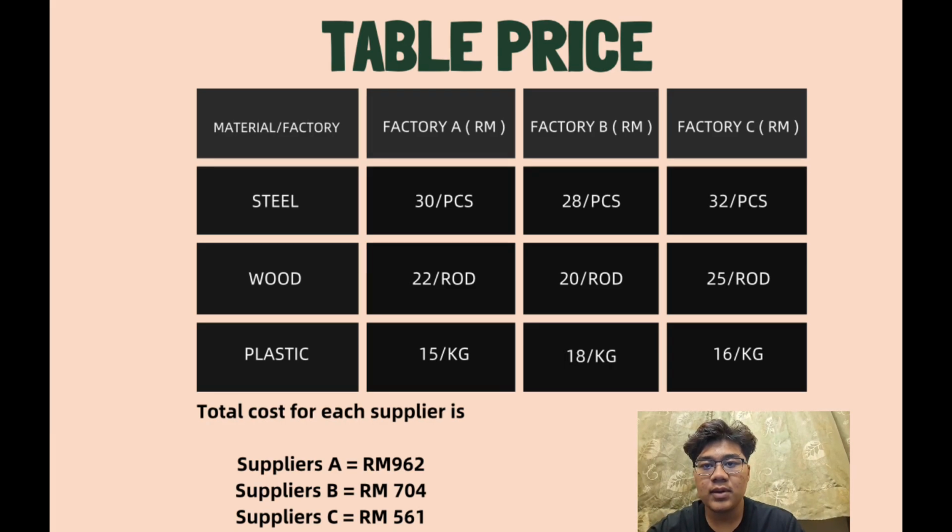And the last supplier is supplier C. We got RM 561. Each supplier offers three types of materials: steel, wood, and plastic, at different prices. Our job was to figure out the exact cost per unit for each material by using a matrix.